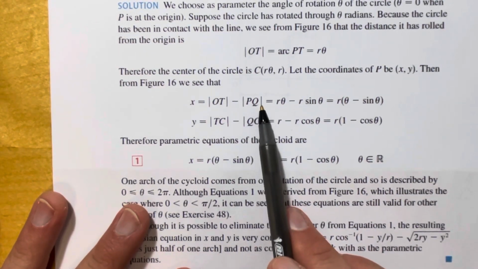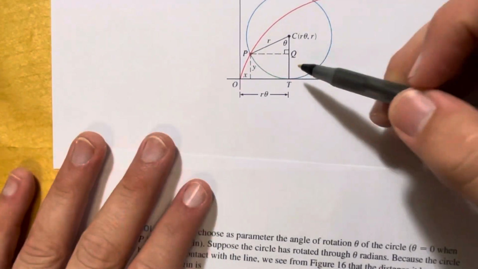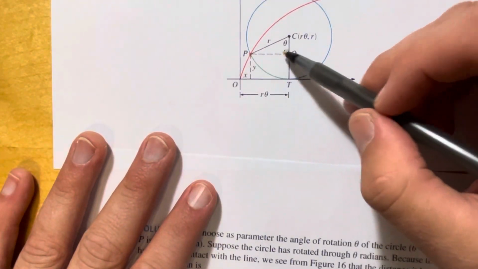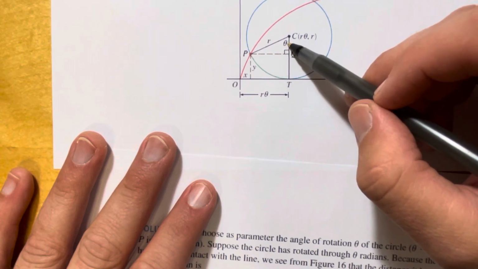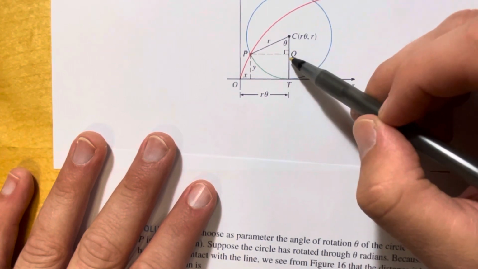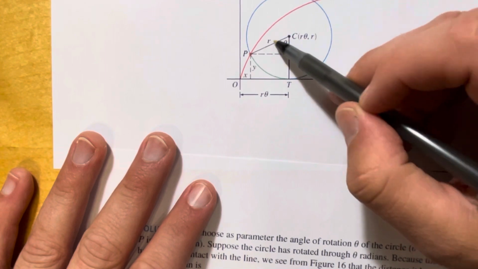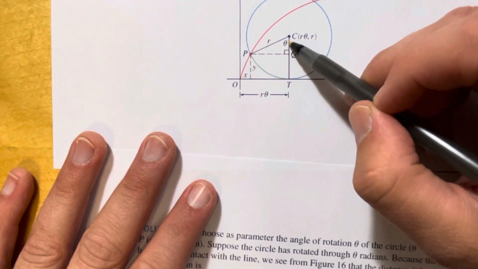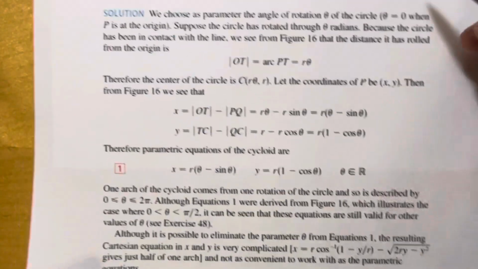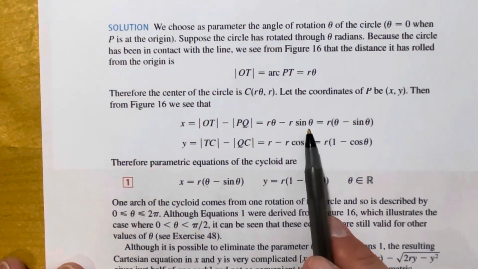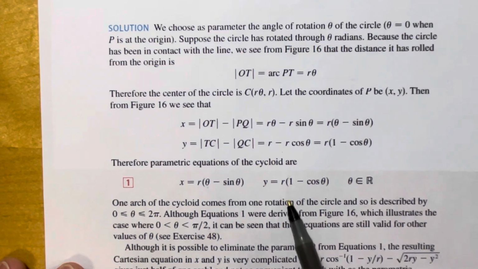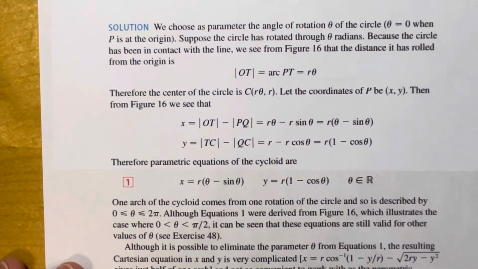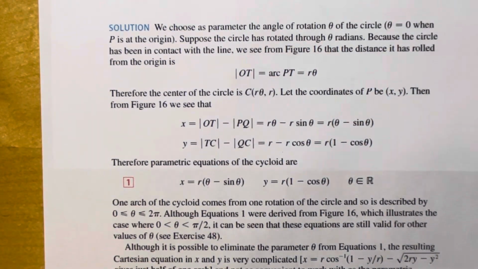And then what is PQ going to be? Well, again, we have this right triangle. PQ is one leg of that right triangle, and it's opposite that angle theta. It's easy to show from that the length of PQ is just r times sine of that theta right there. So r sine theta. I can factor the r out and write that as r times theta minus sine theta. That's the x-coordinate of our point P, okay?